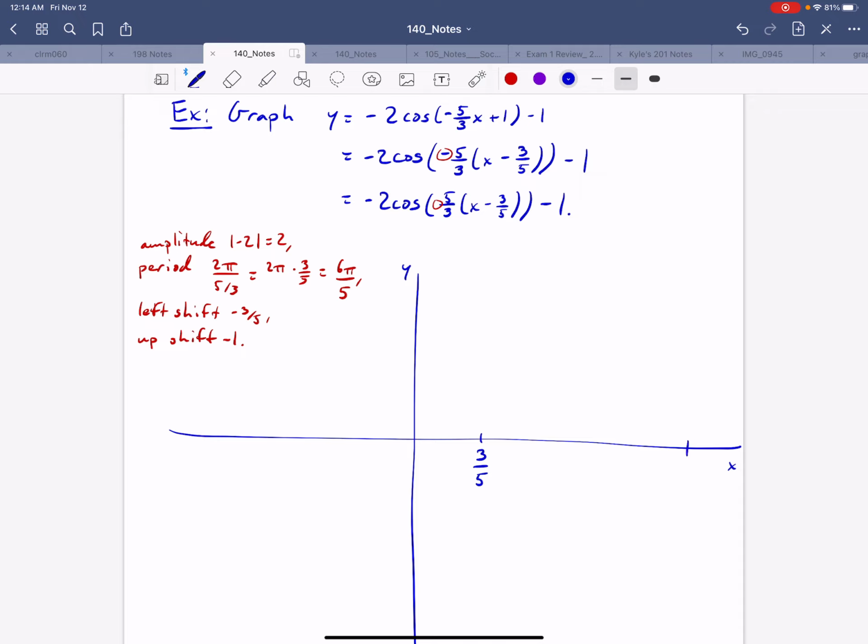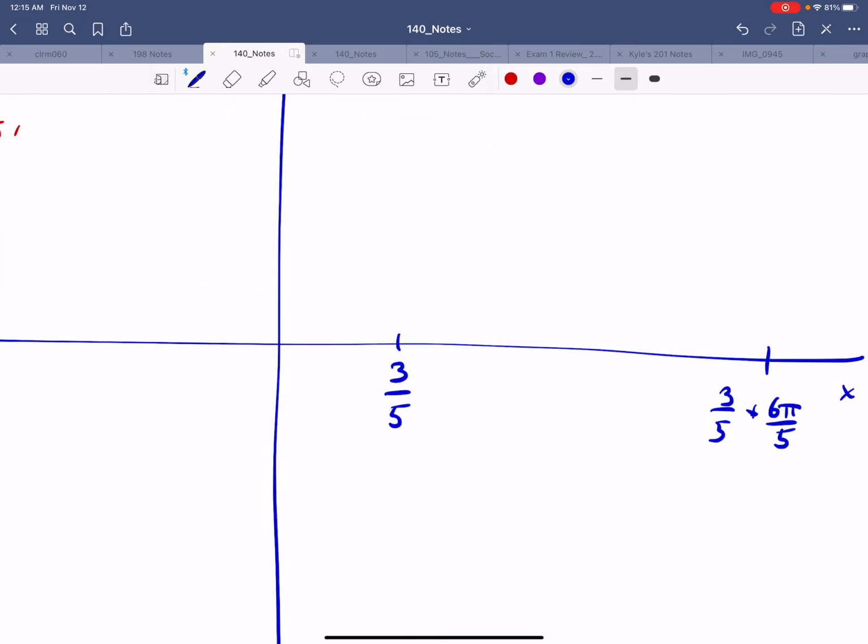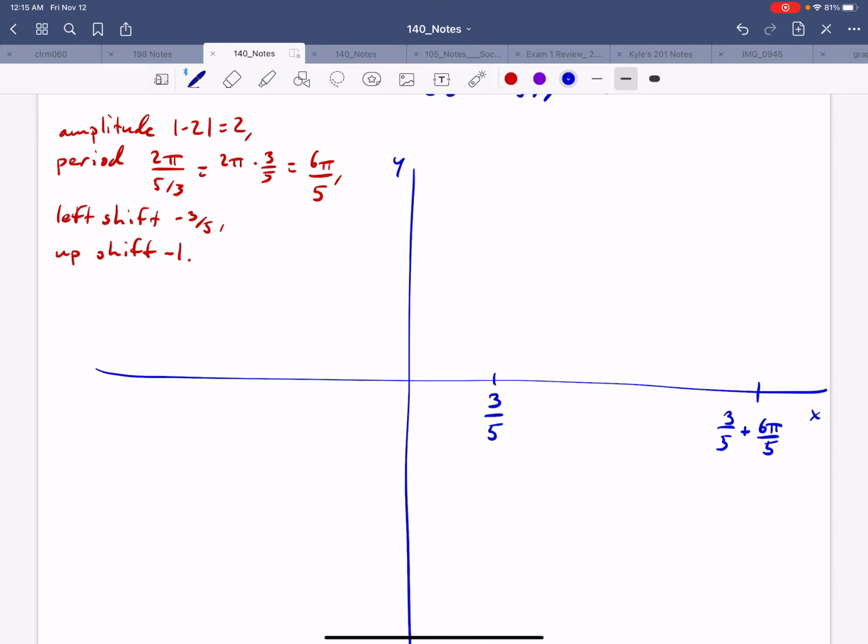So maybe we'll go over here. This is 3/5 plus 6 pi over 5. Do your best to keep it to scale, but if not, it's not the end of the world. Just make it clear that that is a plus sign.